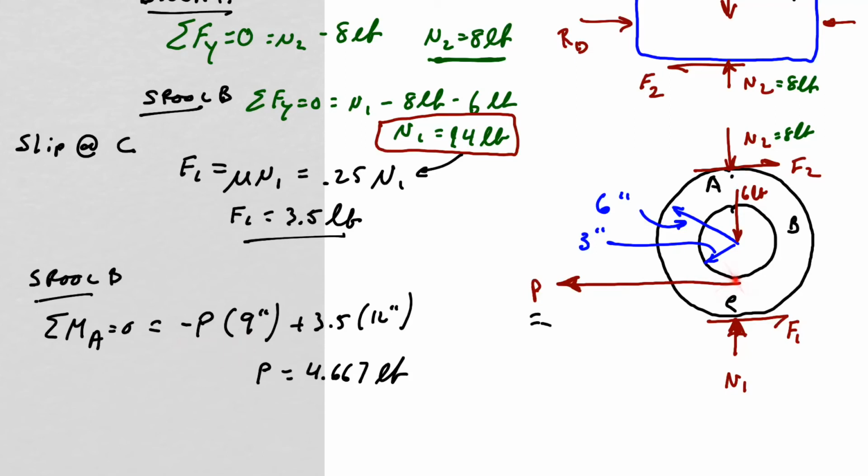Where does that 9 come from? This radius is 3, and then to the outside is 6. So the moment arm is 9, going in a negative or clockwise direction.